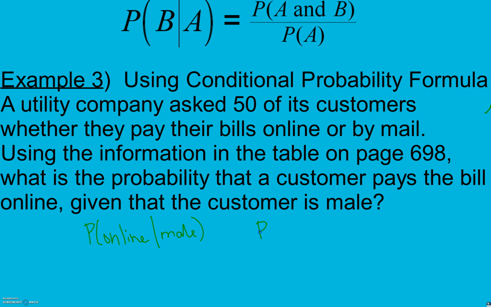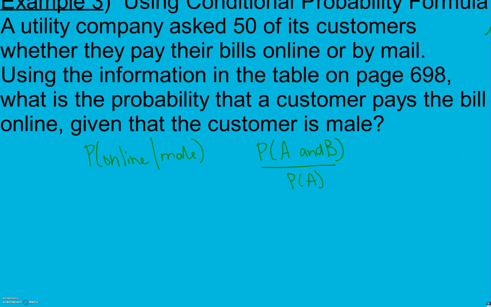So we need the probability of A and B over the probability of A. Here, that's going to be the probability of male and online divided by the probability he's male.